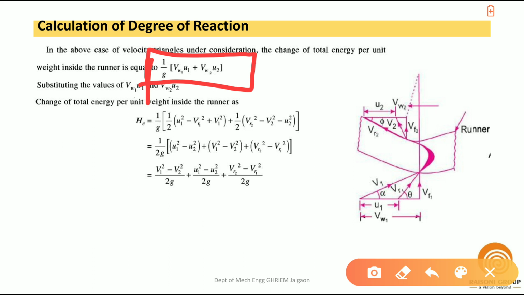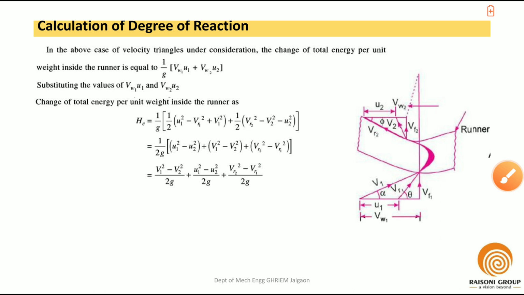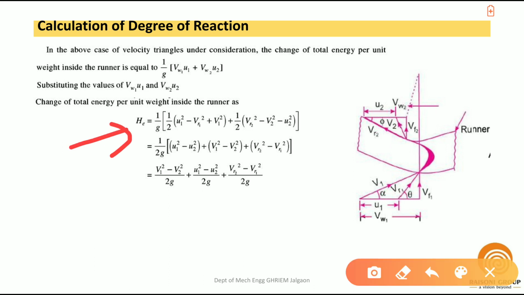Now if we substitute these two values into this equation, we will get HE is equal to 1 by g. Instead of Vw1 u1, we have substituted 1 half into the bracket u1 square minus Vr1 square plus V1 square. And instead of Vw2 u2, we have substituted 1 half into the bracket Vr2 square minus V2 square minus u2 square.